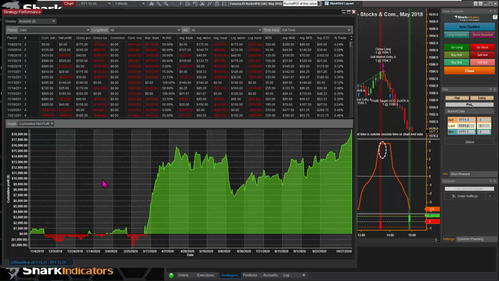All right, here we go. Here's 1 year of data now. Running through this, we can see it was flat for about a third of the year, and then the equity curve just ramped right up.